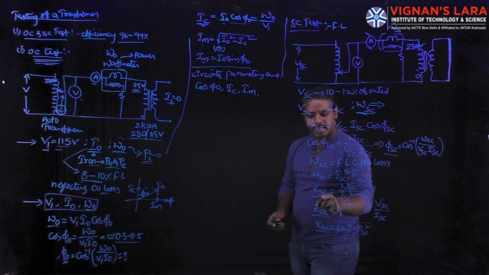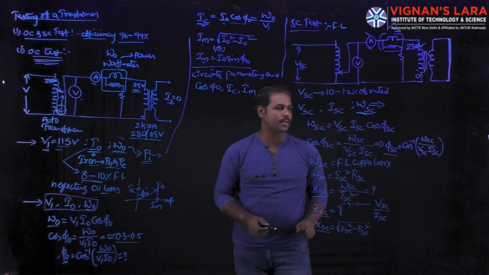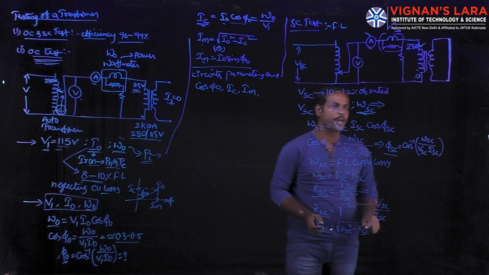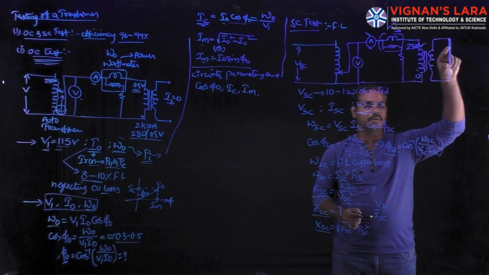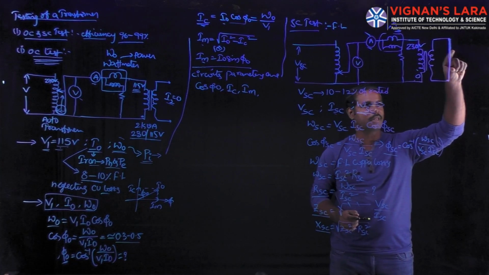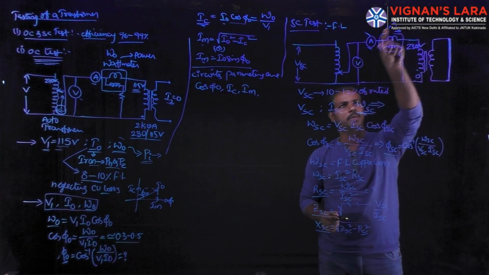What are the indications of these three parameters? The secondary terminals must be short circuited, in the sense that whatever the resistance and reactance of the secondary side is completely referred to the primary side.